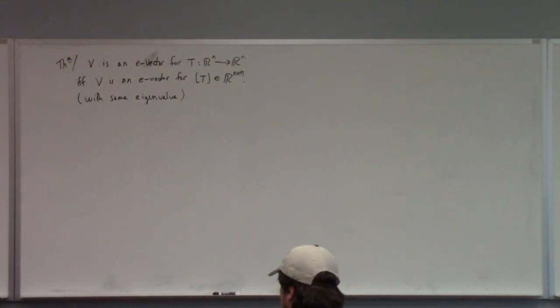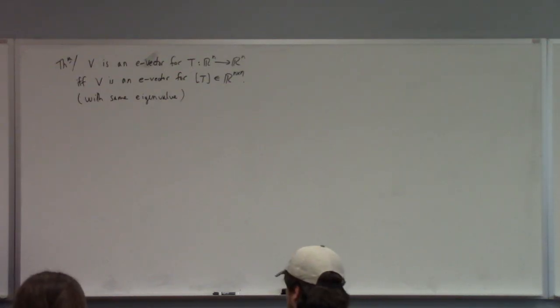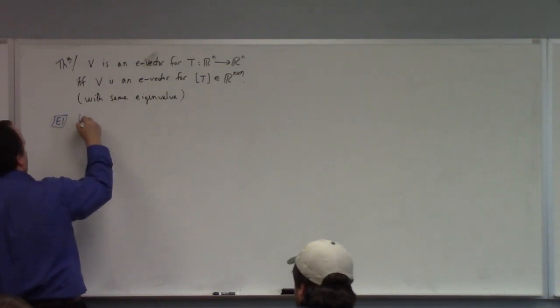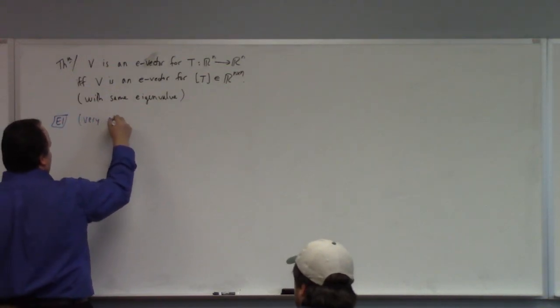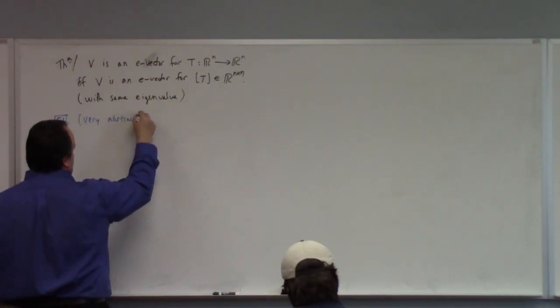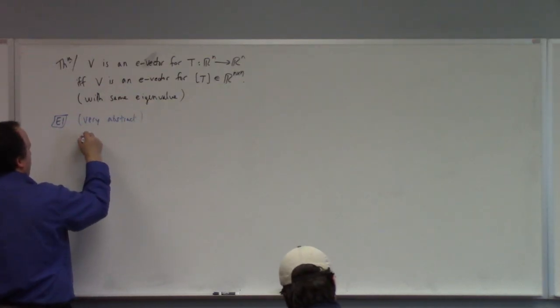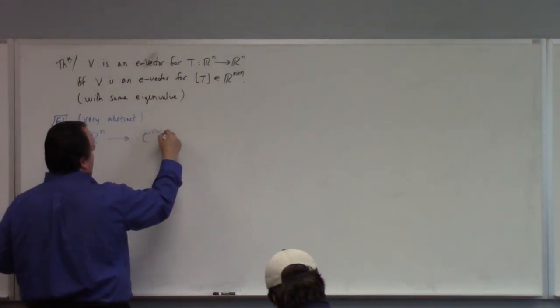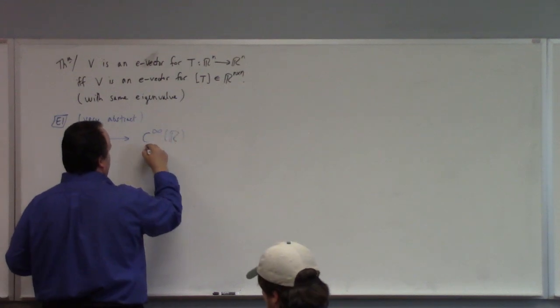But anyway, let me take a step way outside of our context for just a second. I want to talk about the concept of an eigenvector in a more abstract sense, just for a minute or two. So, example 1, very abstract, although it's not too abstract. Instead of looking at Rn, we can replace Rn with the set of smooth functions.